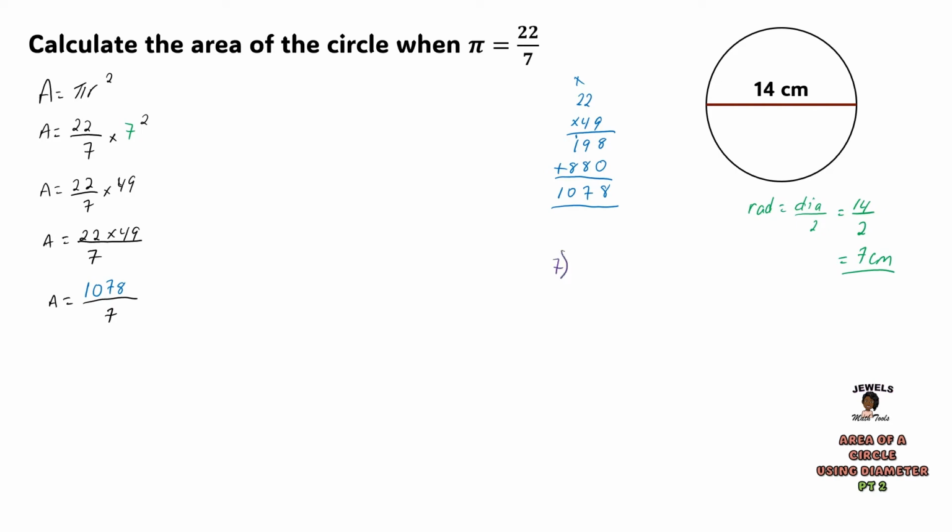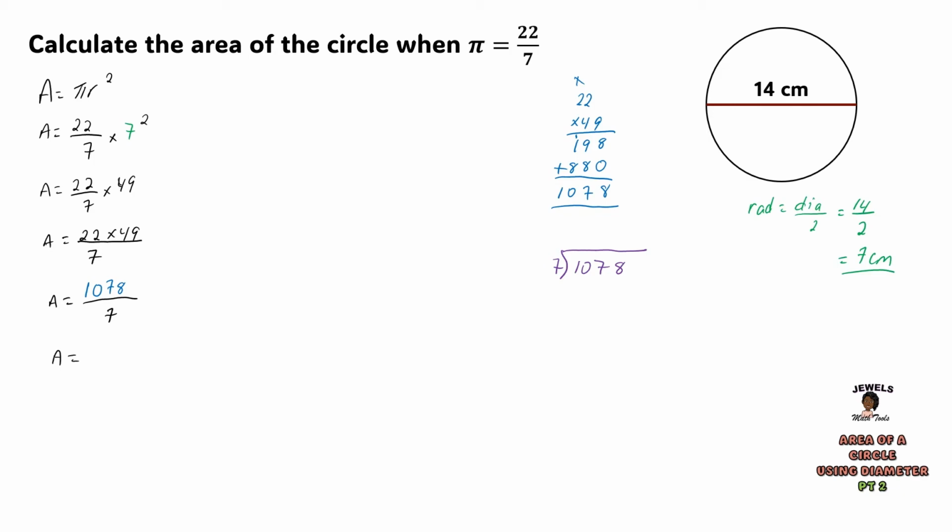So we are dividing our 7 into our 1078. I remember that 7 is usually one of those digits when you are dividing that does not divide out completely. So it may be a case where you may have to do a little bit of division past your decimal points. But whenever you're working with 7, just be a little bit prepared for that. So let's dive into our division.